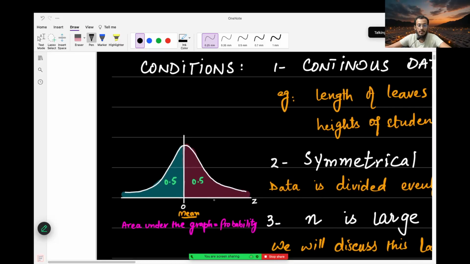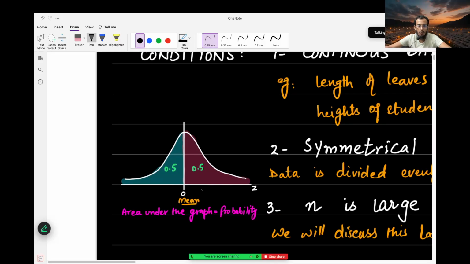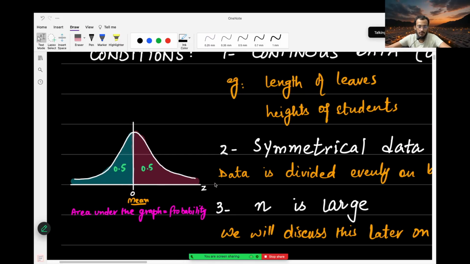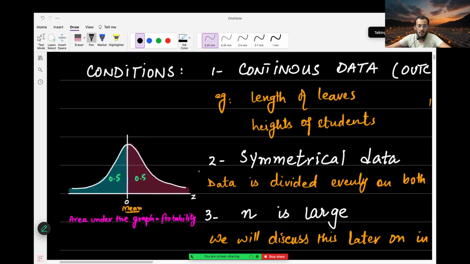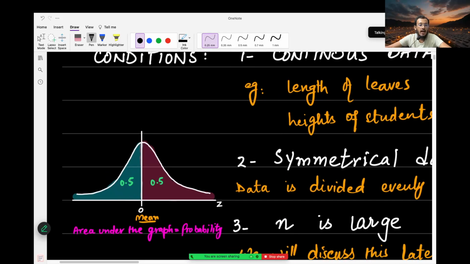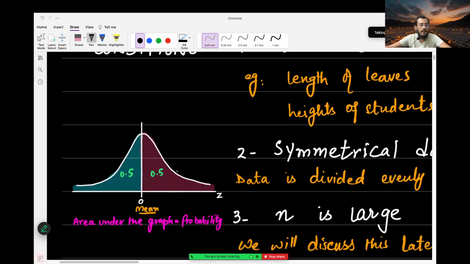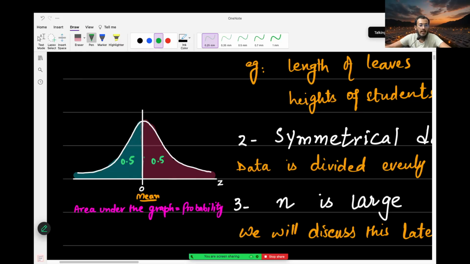So this is an example of the normal distribution. This is how we visualize or represent the normal distribution graph, and area under the graph represents probability. So the area under the graph on the right side is 0.5, and on the left side is 0.5. Total, we know that the total probability cannot be greater than 1, right?